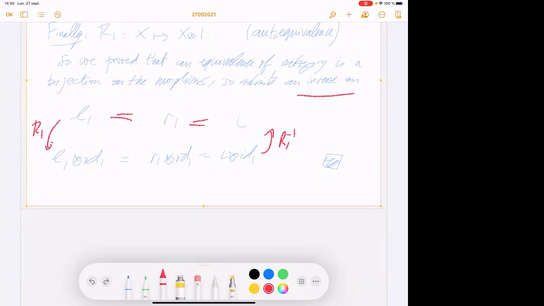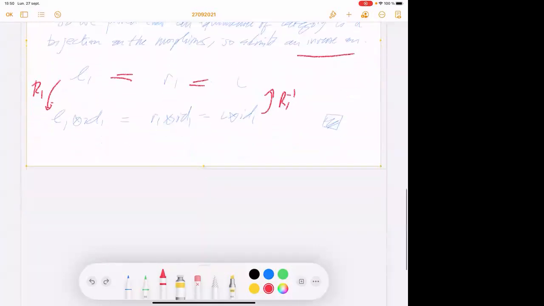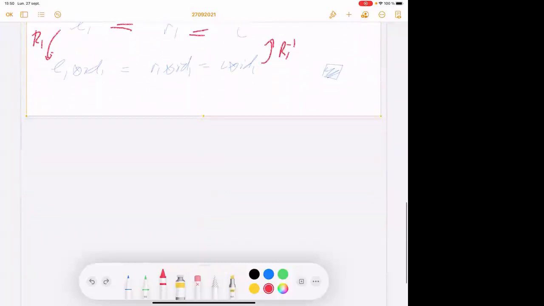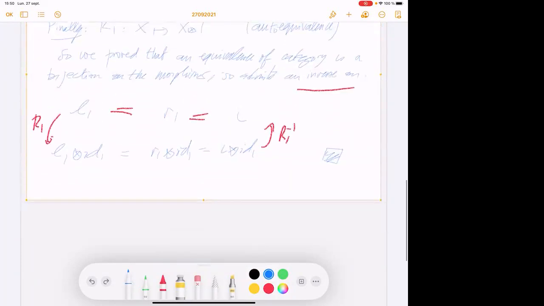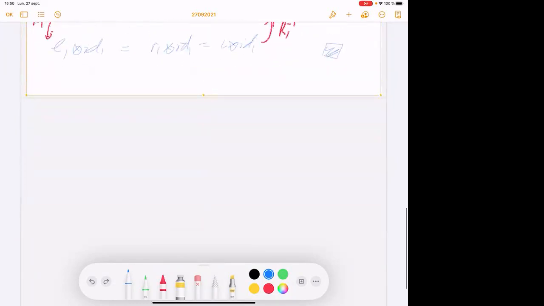Next. So now we can prove that the unit object is unique, and is unique up to a unique isomorphism.